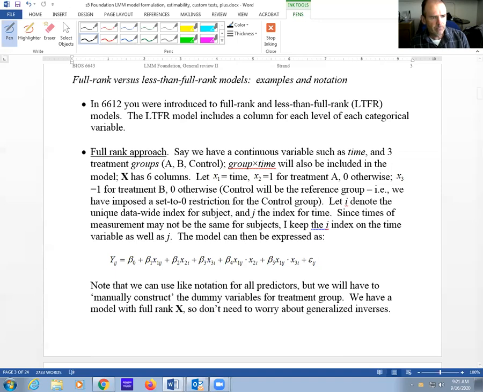So the question for you is, if we have time as continuous and we just have a linear term, then what are we essentially doing when we fit this model? We have 3 different groups. We have the interaction. Can you explain to me what we're doing in our estimation of whatever outcome that we're observing?